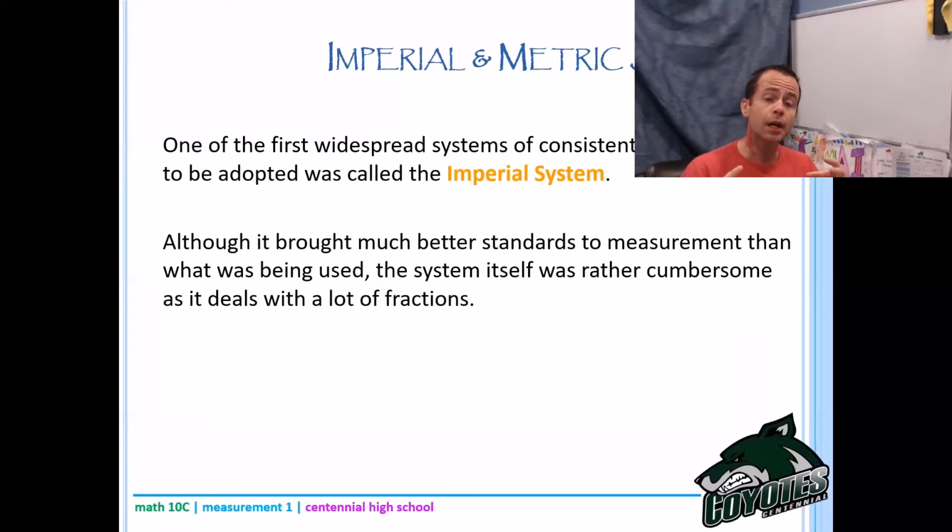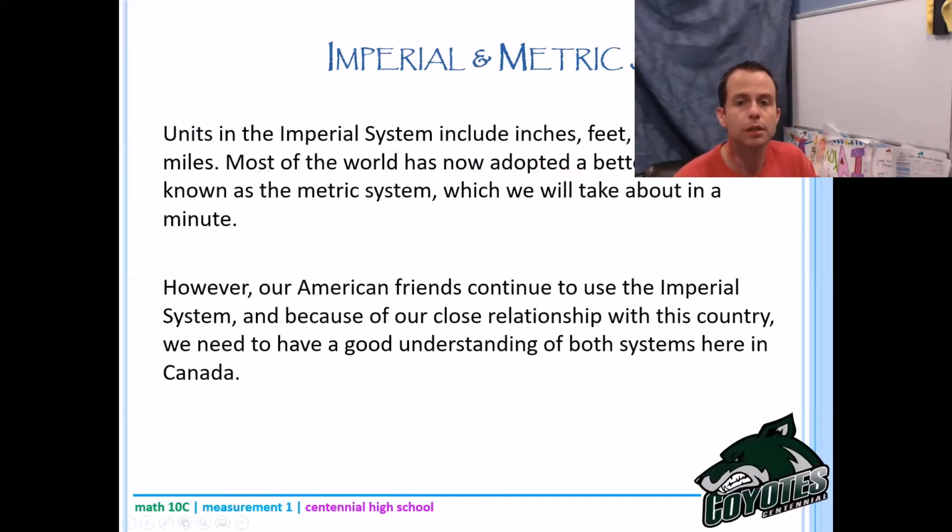But it was a good standardized system, okay? In the imperial system, you will hear words like inches and feet and yards and miles, okay? Most of the world, in fact, all of the world but three countries, have adopted a better system known as the metric system. And we'll talk about the metric system in a minute.